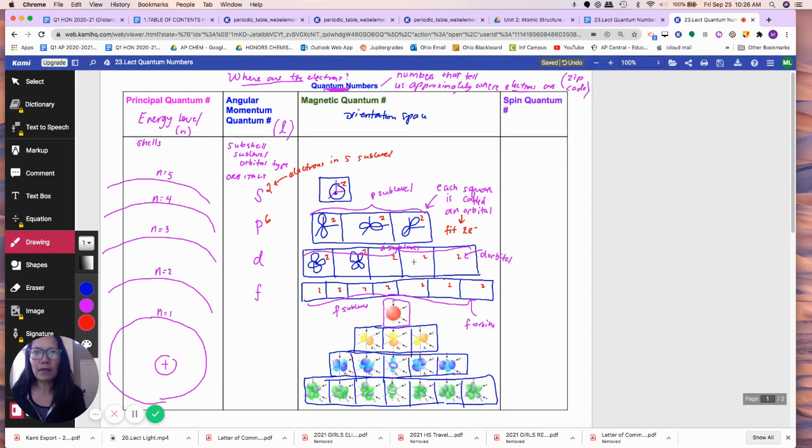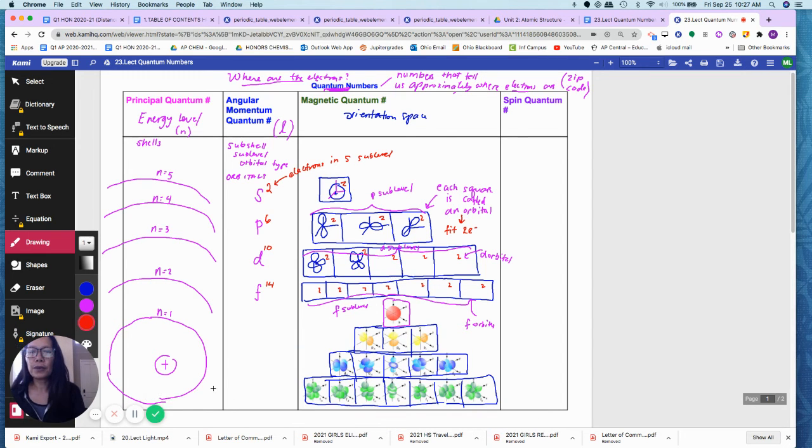In the D sublevel, 2, 4, 6, 8, 10. And then 7 orbitals times 2 is 14. That's how many you can fit inside it. So you can fit up to 14 electrons in the F sublevel, but you can only fit 2 electrons in the F orbital. Okay.